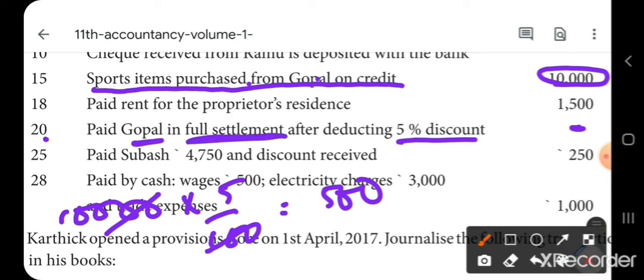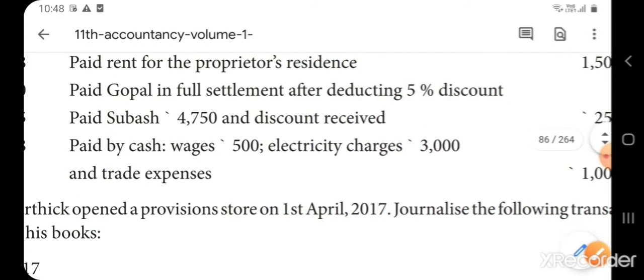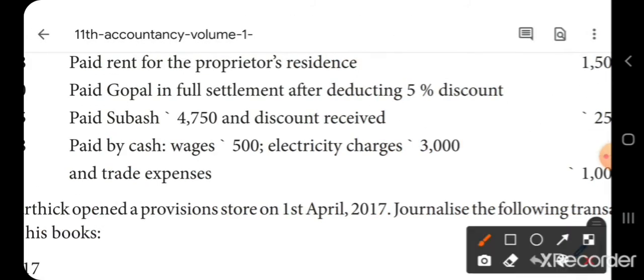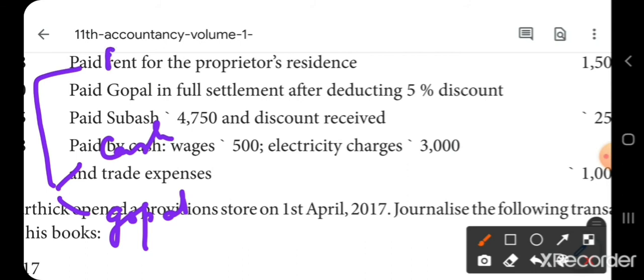So what are the accounts involved here? Cash and Gopal. And you also have discount. Now, discount is a nominal account, cash is a real account, Gopal is a personal account. Now paid Gopal in full settlement. Real account, apply the rule, debit what comes in, credit what goes out. Cash is going out, so credit cash.